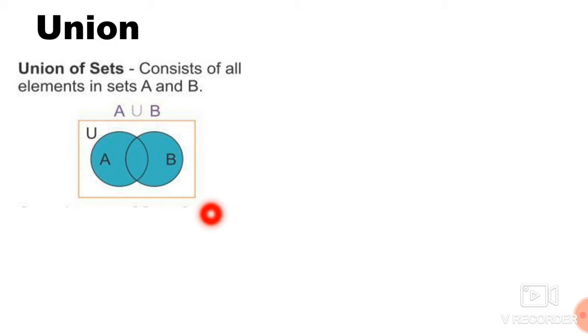We can also use a Venn diagram to represent the union of sets. In a Venn diagram, we use a rectangle to represent our universal set and two circles to represent the given sets. If we have some common element in our sets, then we draw overlapping circles.